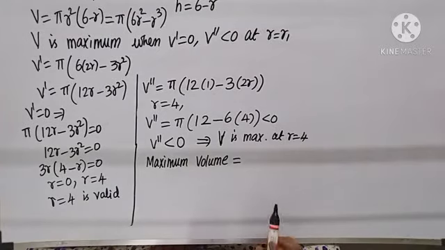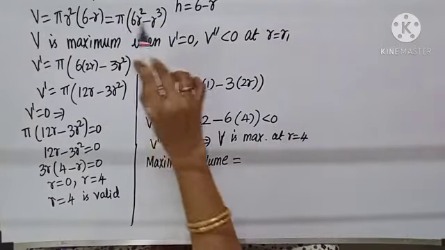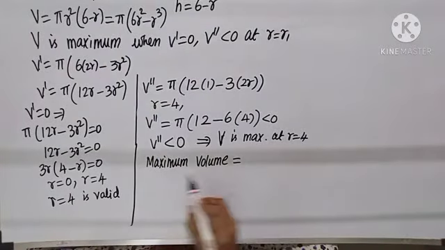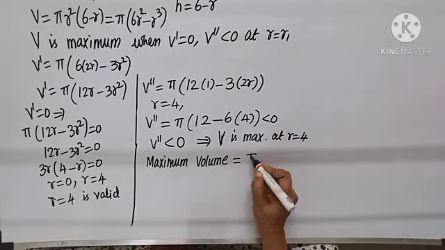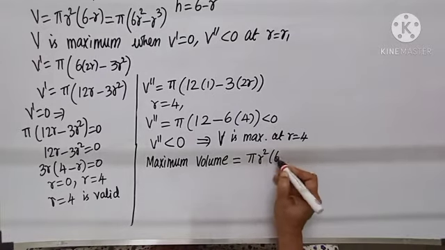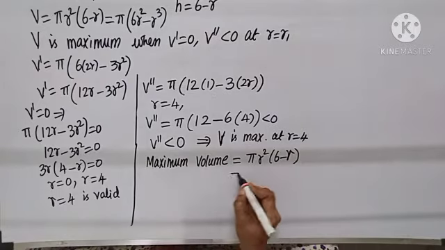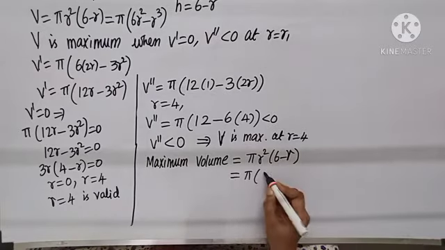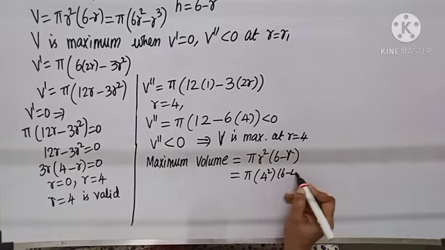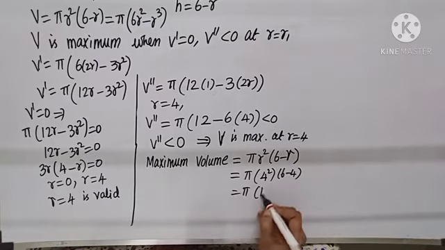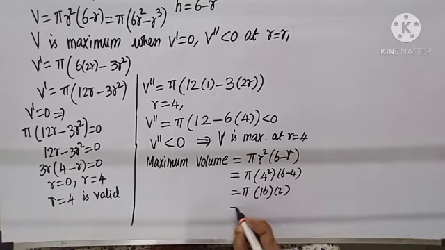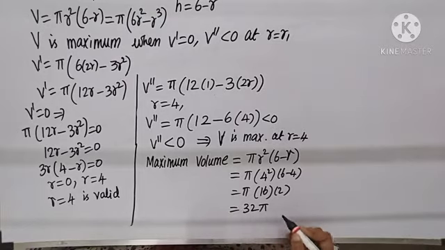The question is to find the greatest value of V. Maximum volume is pi r square (6 minus r). As I substitute 4, it is pi 4 square into (6 minus 4). Pi 16 into 2, or we get 32 pi cubic units, and that is the answer.